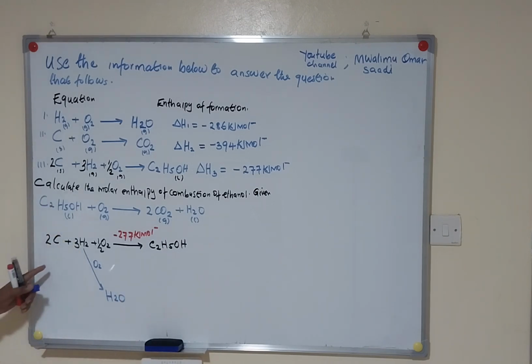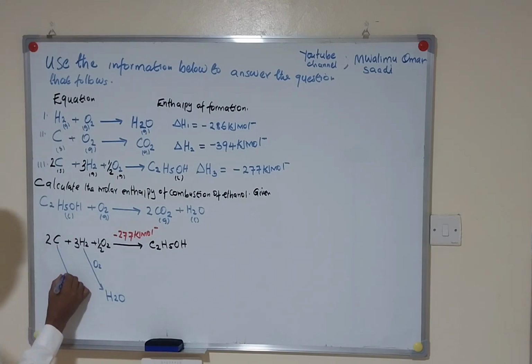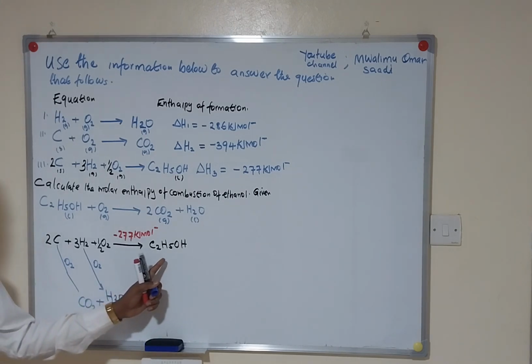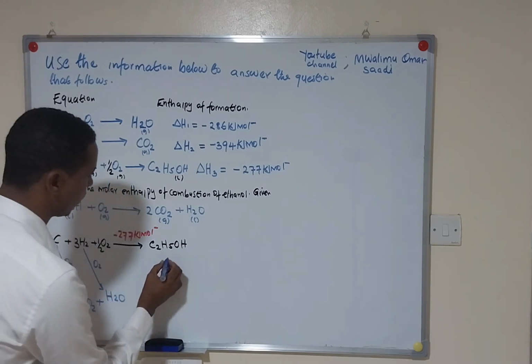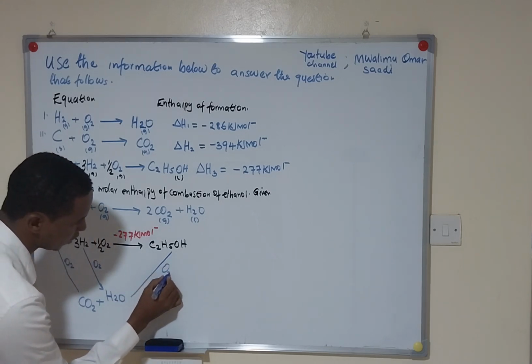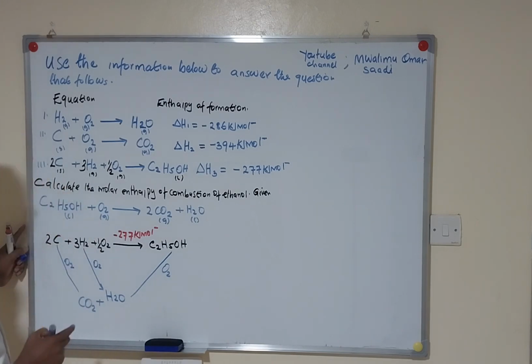And the enthalpy of combustion of carbon will be carbon plus oxygen will give us CO2 gas. And again, the enthalpy of combustion of ethanol will be ethanol plus oxygen will give us carbon dioxide and water. So this is now our cycle.